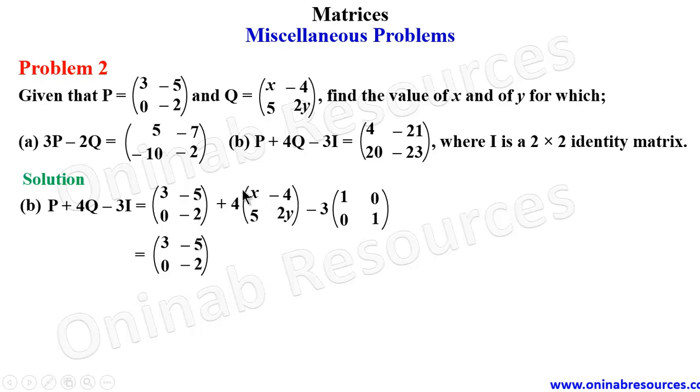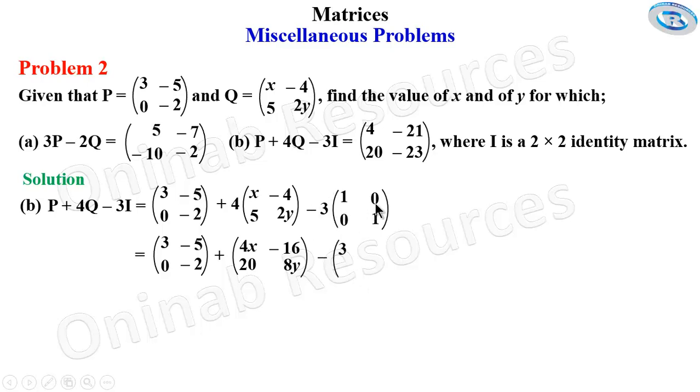We use this 4 to multiply every entry inside the matrix. So we are going to have 4x, minus 16, 20, 8y. Then also this is minus 3, 0, 0, 3. Then we add and subtract.